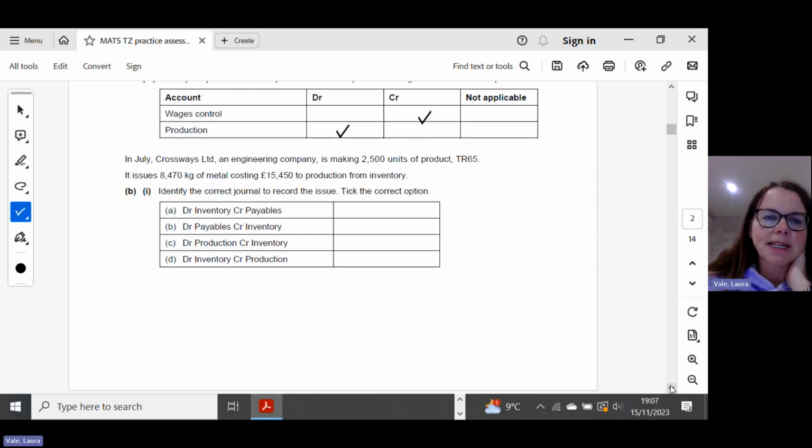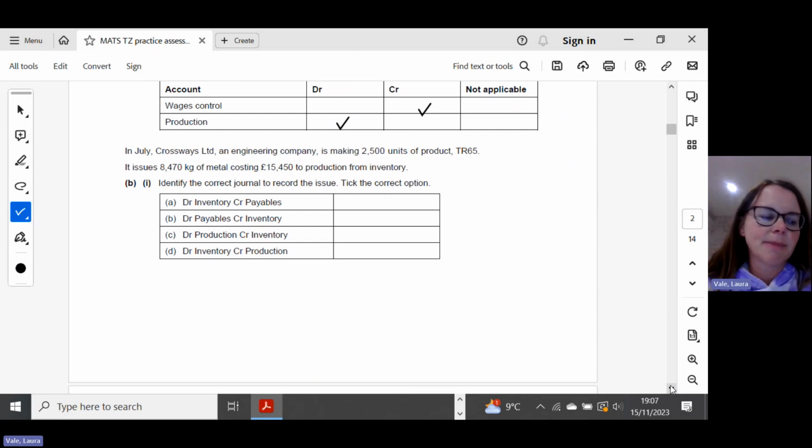In July, Crossways Limited, an engineering company, is making 2,500 units of product TR65. It issues 8,470 kilograms of metal costing £15,450 to production from inventory. So we've got to identify the correct journal.